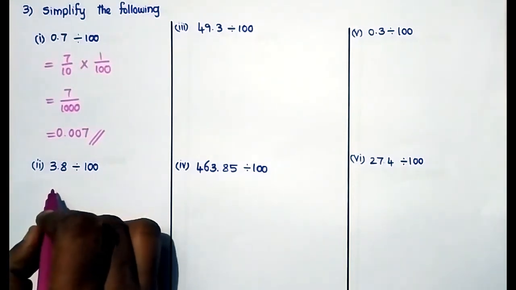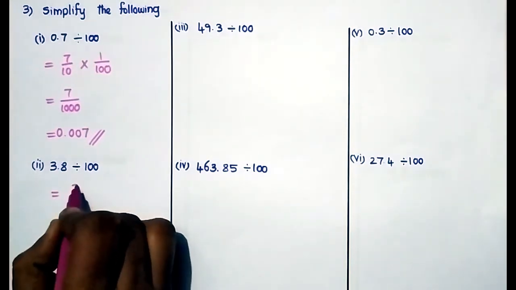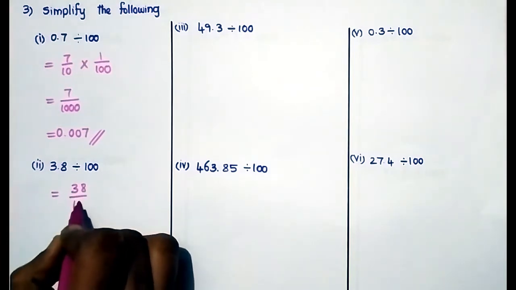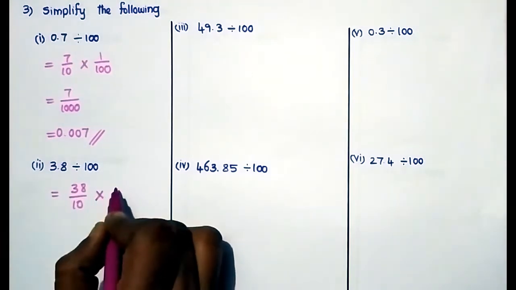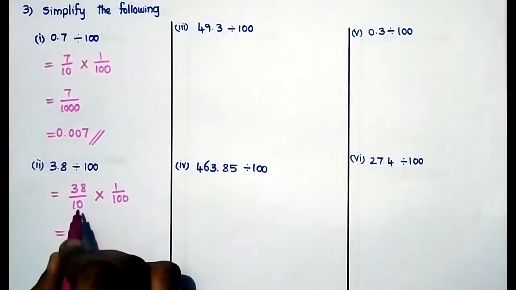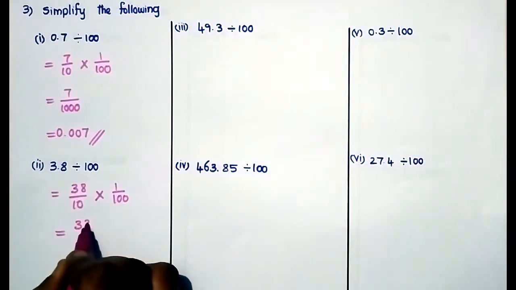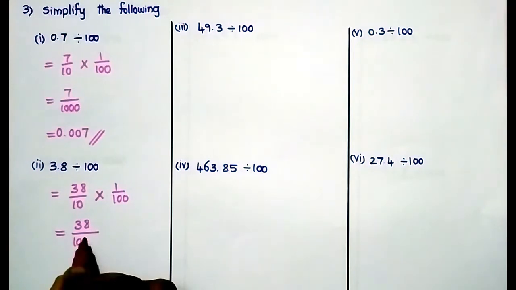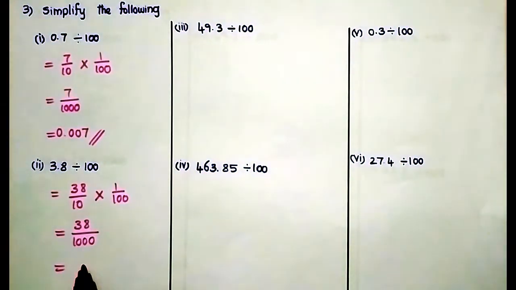Next one, 3.8. 38 divided by 10 into 1 by 100. Now 38 into 1, 38 divided by 1000. Now 38, 2 zeros and add 0, we get 0.038. That is the answer.